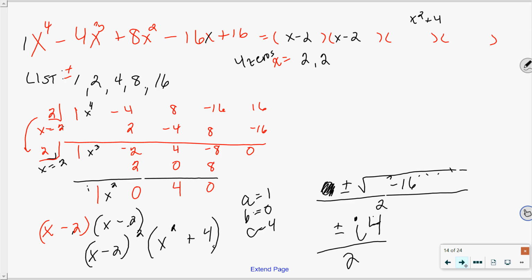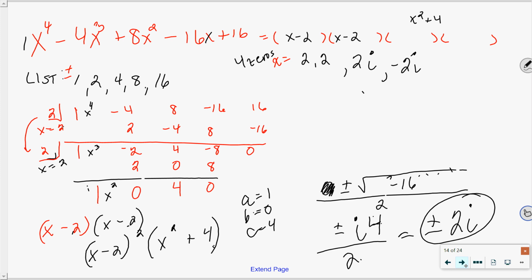Right? 4. Emery, what's 4 divided by 2? 2. So my other two answers, my other two zeros are 2I and negative 2I. So I'm kind of done. My other 0 is positive 2I. My last 0 is negative 2I.